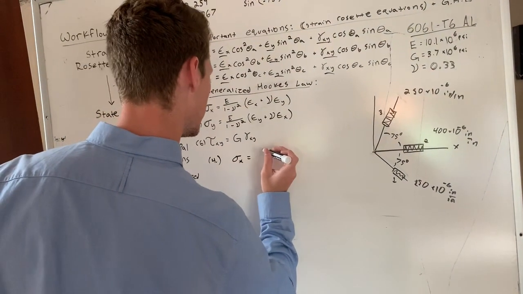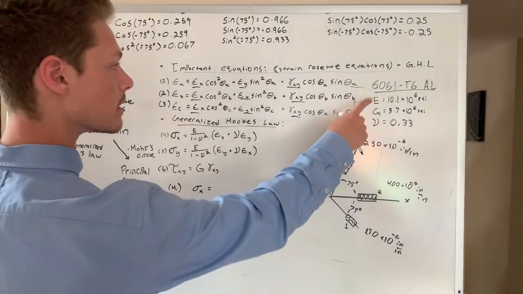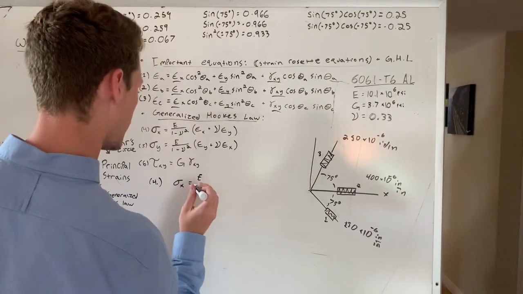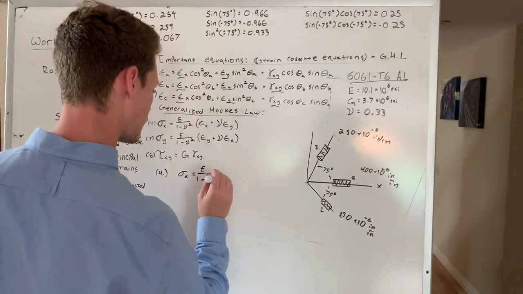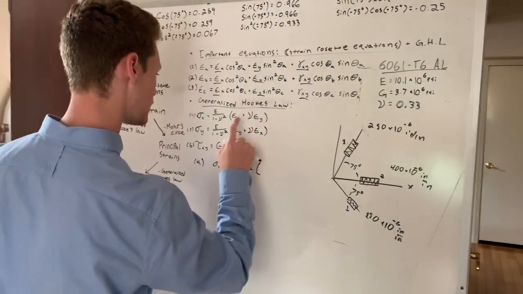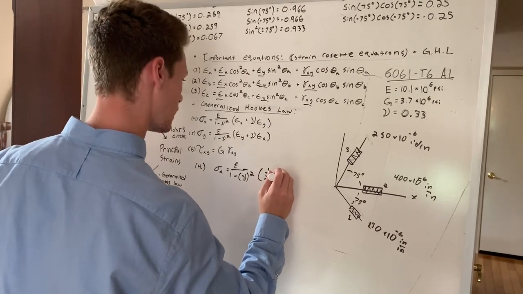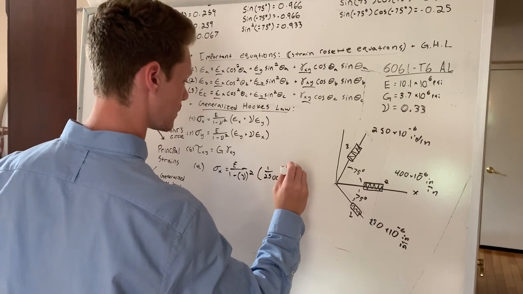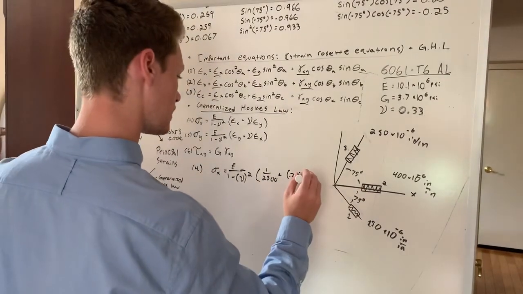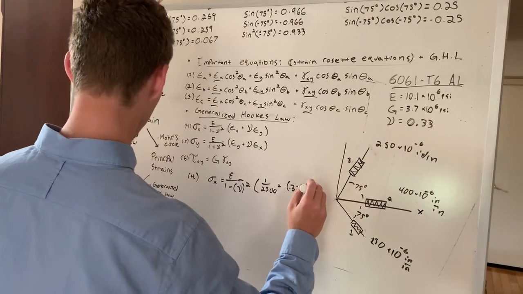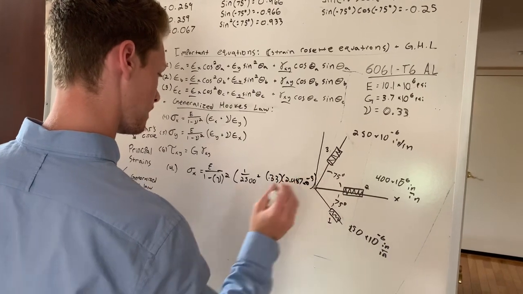Stress in the x direction is equal to the modulus of elasticity, E, I'll just put E for now, divided by 1 minus Poisson's ratio squared, times epsilon x, which we solved for, which is 1/2500, plus V, which let's plug in for now, which is 0.33, times epsilon y, which is 2.487 times 10 to the -5.